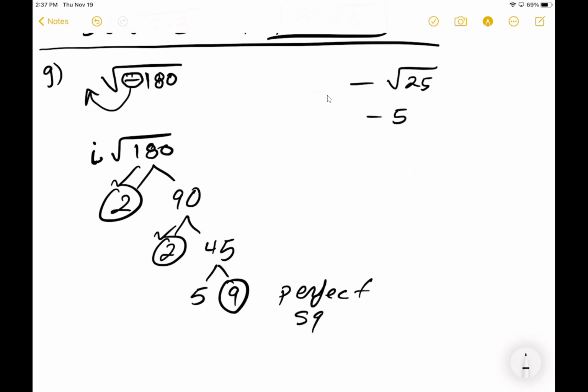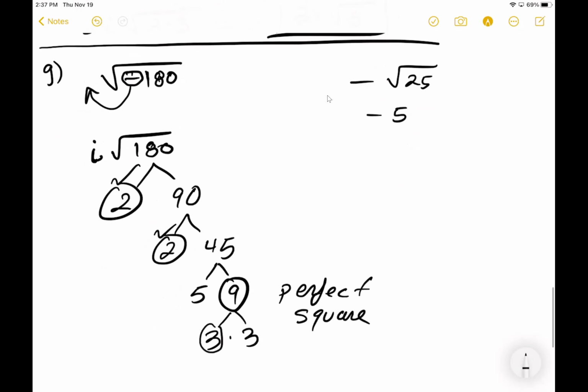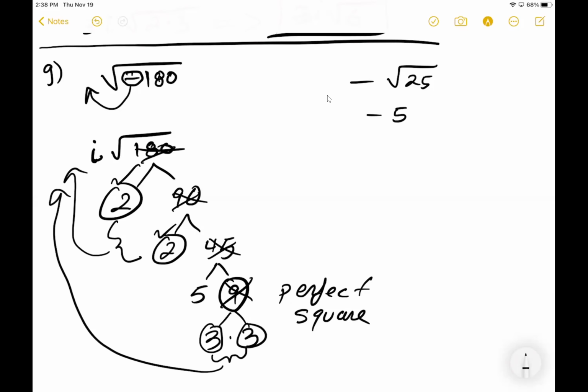Those are the two things that you want to look for. You either want to look for a perfect square number, which is 9 because it's 3 times 3, or you want to look for a pair of 2 of the same. Anything that has the line underneath, I don't look at it. Because I have a pair of 2, I can bring 2 on the outside. Because I have a pair of 3, I can bring 3 to the outside.